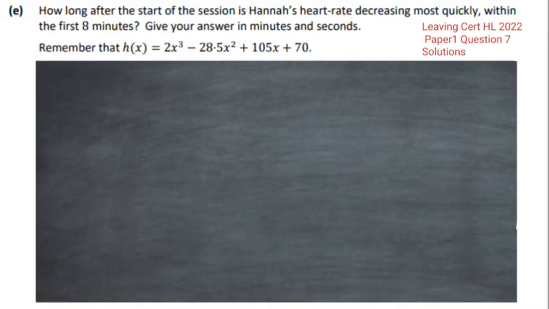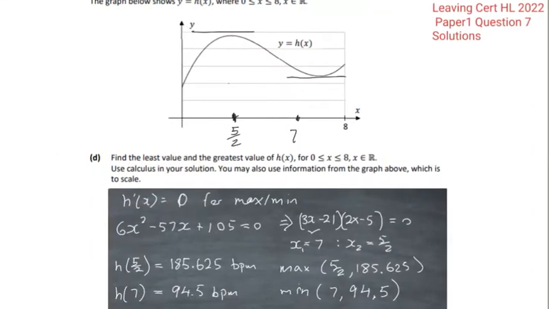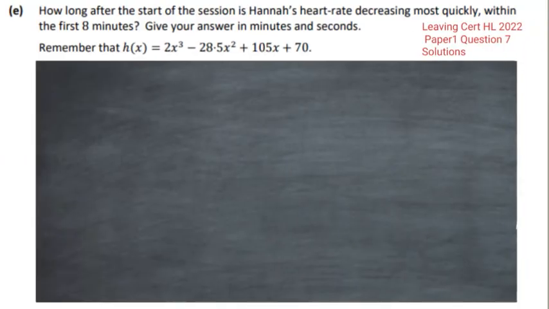So let's go back to the graph, and if we want to find out the maximum decrease rate, well, it's going to be over here, because it's going downwards, and that's also the point of inflection. But let's look at the theory behind that to make sure that it makes sense.